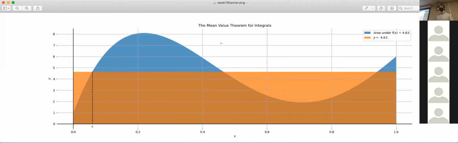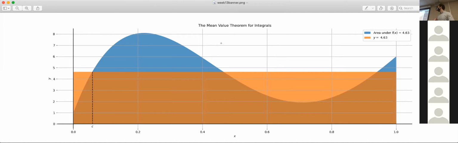I had a professor when I was an undergrad who called it the mashed potato theorem. No matter how your mashed potatoes are on your plate, very fitting at Thanksgiving, you can always sort of level them off, right? You can always get yourself a weird rectangle box of mashed potatoes, right?